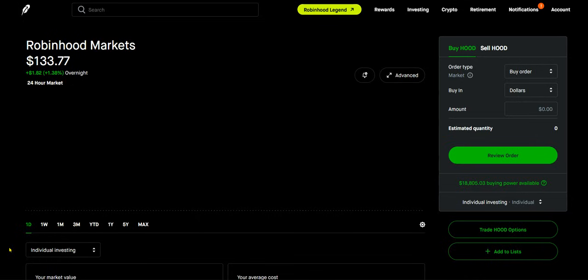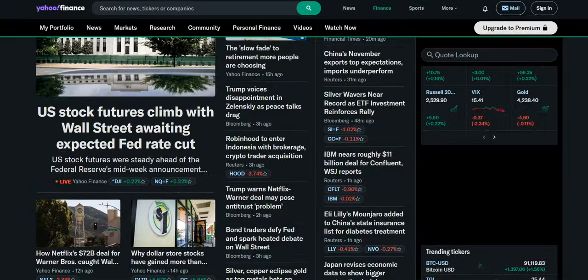Now, this is no financial advice. This is just vibes, right? All right. I think that Robinhood has got more features that they're coming with, more things they're adding, more acquisitions that they just completed. Matter of fact, they just completed one not too long ago. Let's see here.